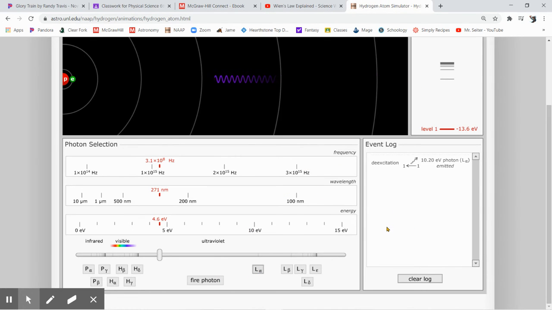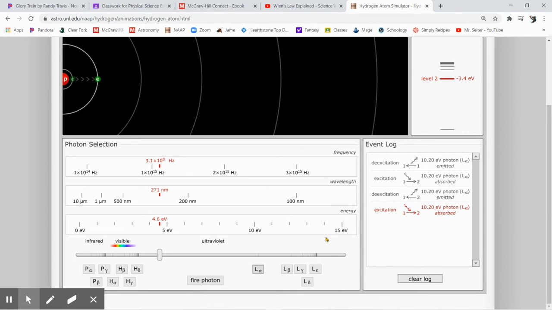Here comes an absorption. It absorbs that energy. And when it releases that energy and the electron drops down in orbit, it gives off light. In this case, it will give off an electromagnetic pulse that is purple, a bluish purple. Boom.